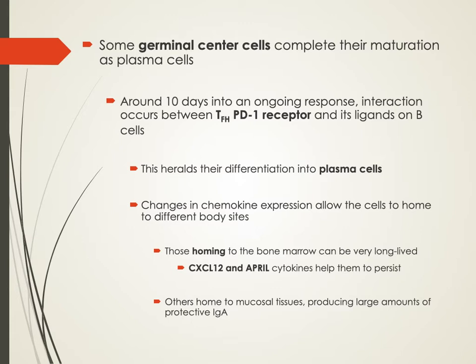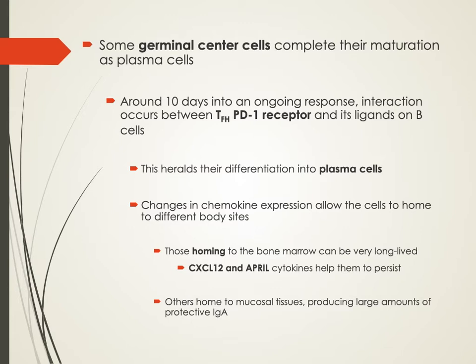There's going to be changes in the chemokine expression, so that actually allows those cells to home to different sites, to go to the site of the infection, to go to where they're going to be needed. So the homing to the bone marrow can be long-lasting, and that's because of CXCL12 and APRIL cytokines.